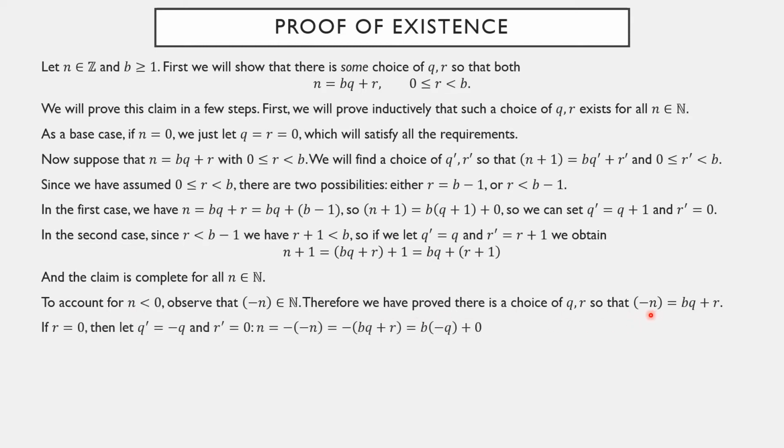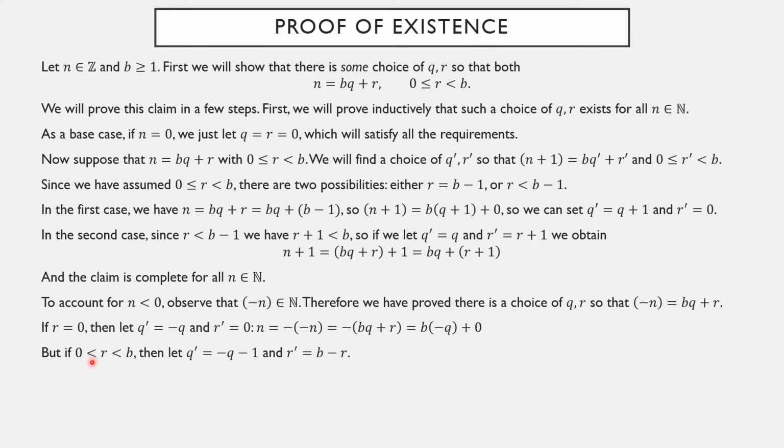Okay, since this is a positive integer, I was able to write negative n equals bq plus r. If r happens to be equal to 0, then negative n equals bq. In other words, n is equal to negative q times b plus a remainder of 0. So if this positive integer has a remainder of 0, then this negative integer also has a remainder of 0.